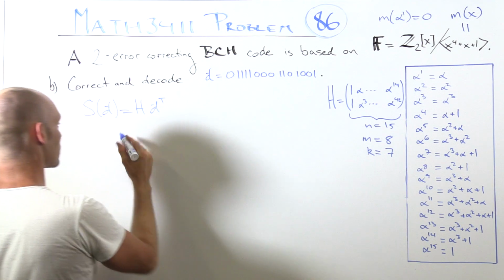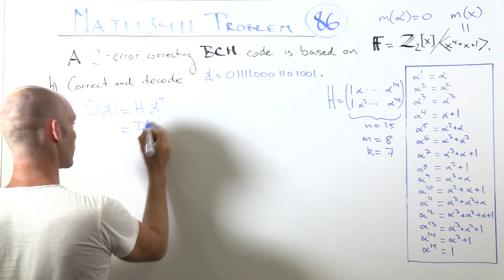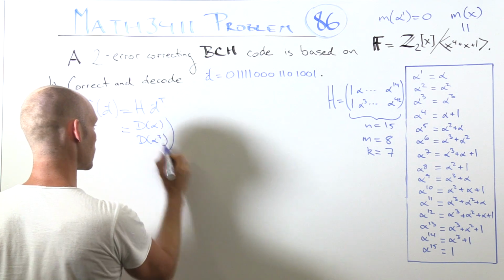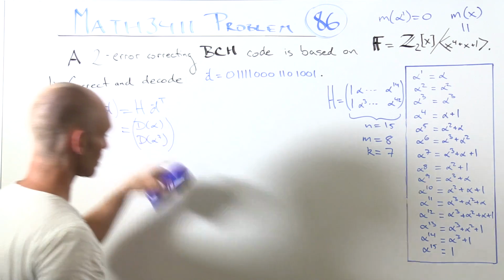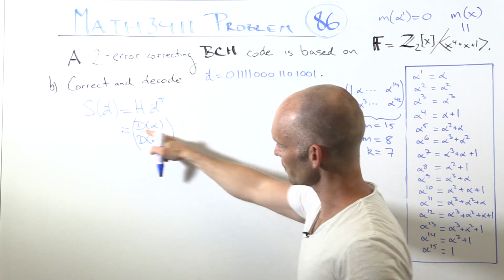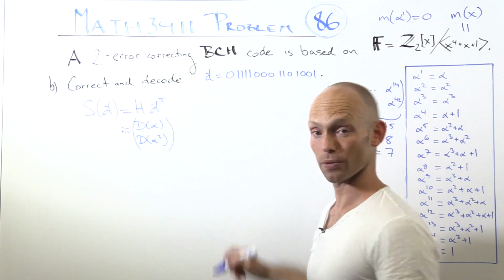So d of alpha and d of alpha cubed. So you can express the syndrome as a little vector of length 2, where we've got some polynomial d evaluated in alpha.